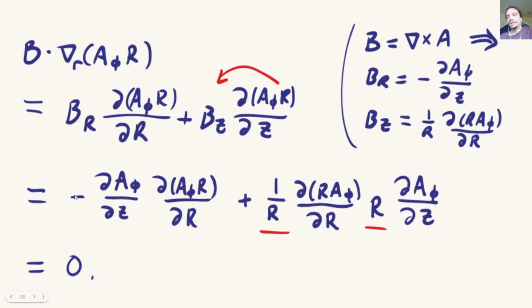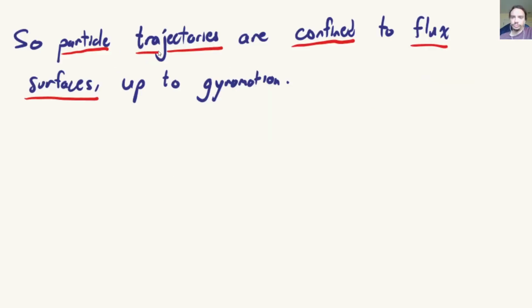What this means is that A phi r is constant as it follows the magnetic field lines. So particle trajectories are confined to the flux surfaces where our magnetic field lines lie. Well, there's a little bit of error, but that error just comes from the gyro motion.